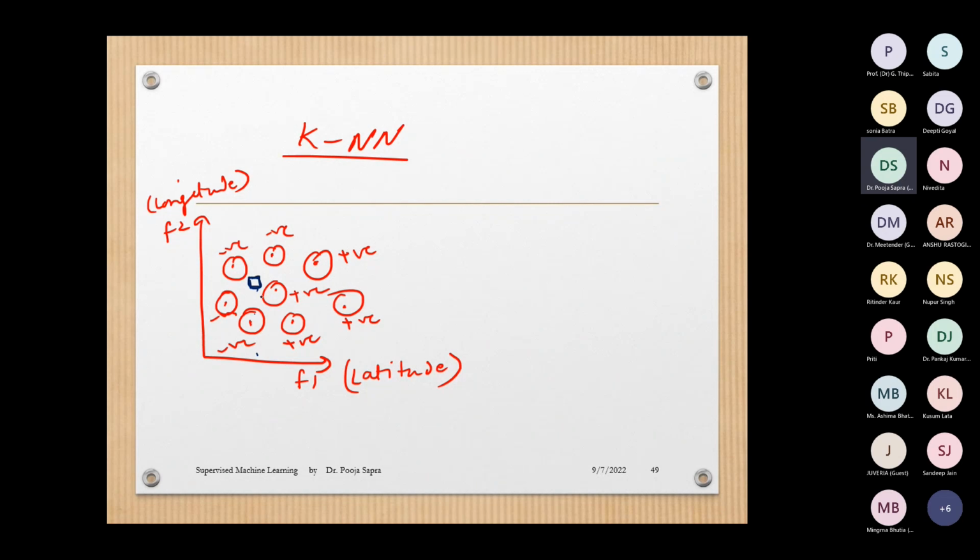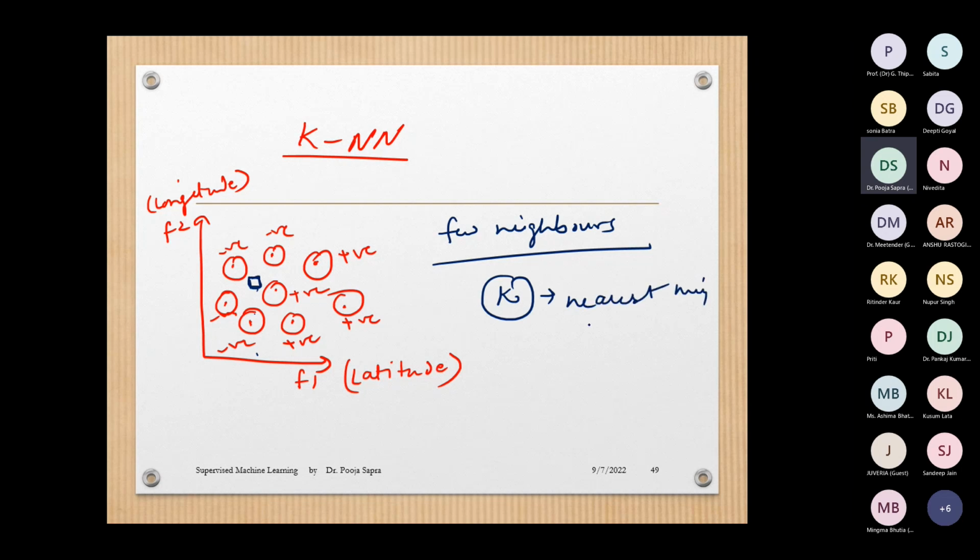So based on the nearest neighbors, we are required to find out whether the person would be corona positive or negative, right? So what we are going to do here, we are going to take a few neighbors which are very close to it, right? How many neighbors? In general, we say K nearest neighbors. That's why it is KNN, right? In general, we can take K equal to 3, K equal to 5, K equal to 7.